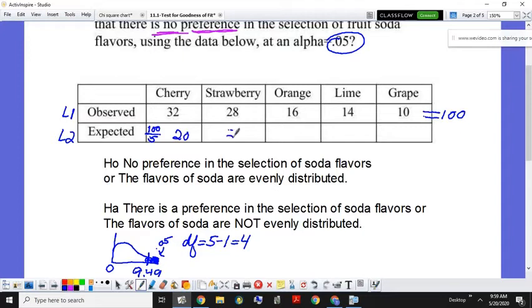You expect 20 people to like each flavor. Why? Because that will tell me that there's no preference in the flavors of the soda, or that they're evenly distributed. So I'm just evenly distributing it out, 100 people divided by 5. I took my total and divided by my categories. This is going to go in list 1, this is going to go in list 2.